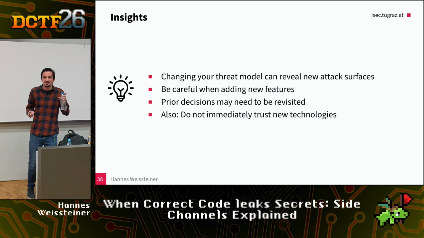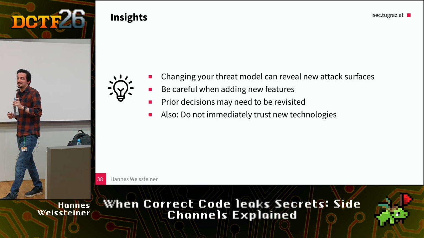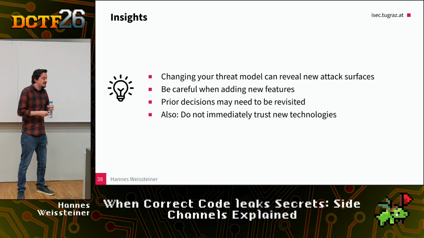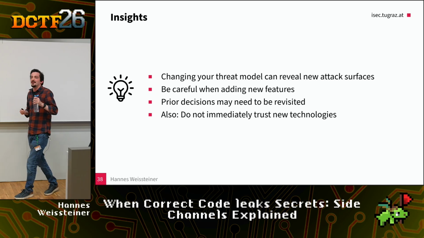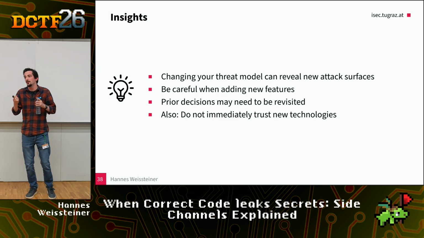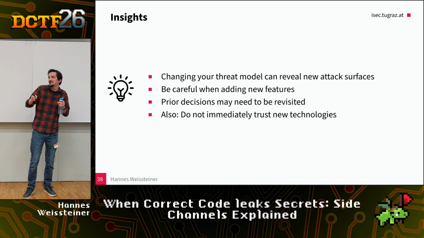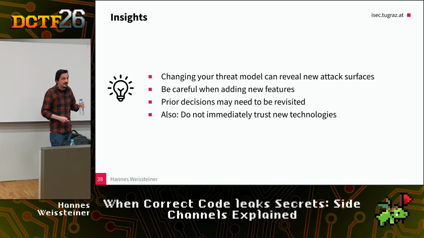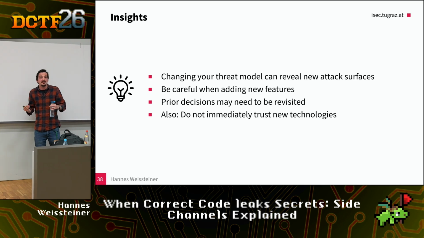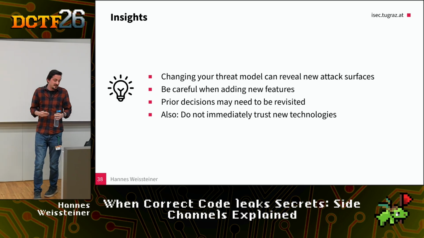Also, you maybe shouldn't trust all new technologies immediately. And this is not only applying to trusted computing. Anytime you have a new threat model, for example, maybe you open up your website to the public, previously it was just for internal employees. Anytime you do something like that, you need to consider old design choices and whether they still make sense.